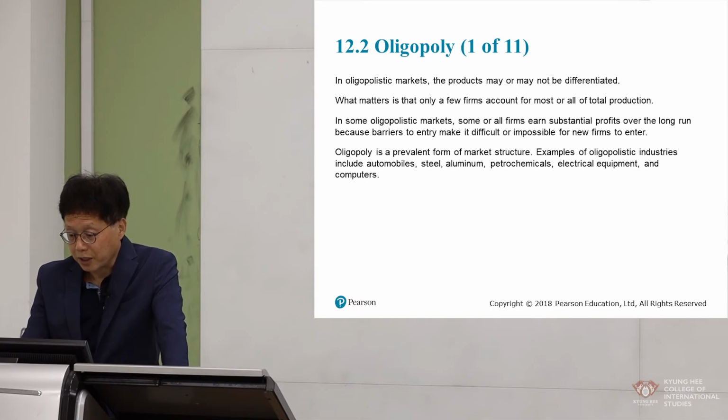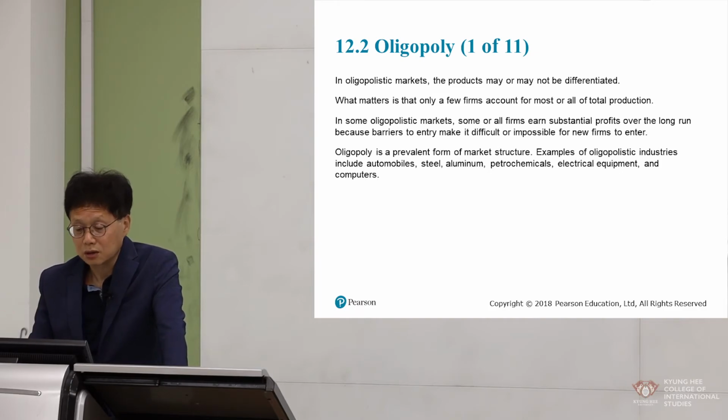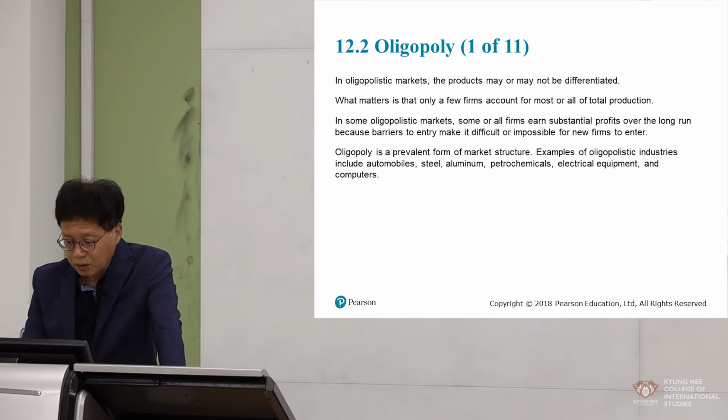Aluminum, petrochemicals, electric equipment, and computers. LG or Samsung usually. Okay? Few firms supply all the products in the market. Okay?